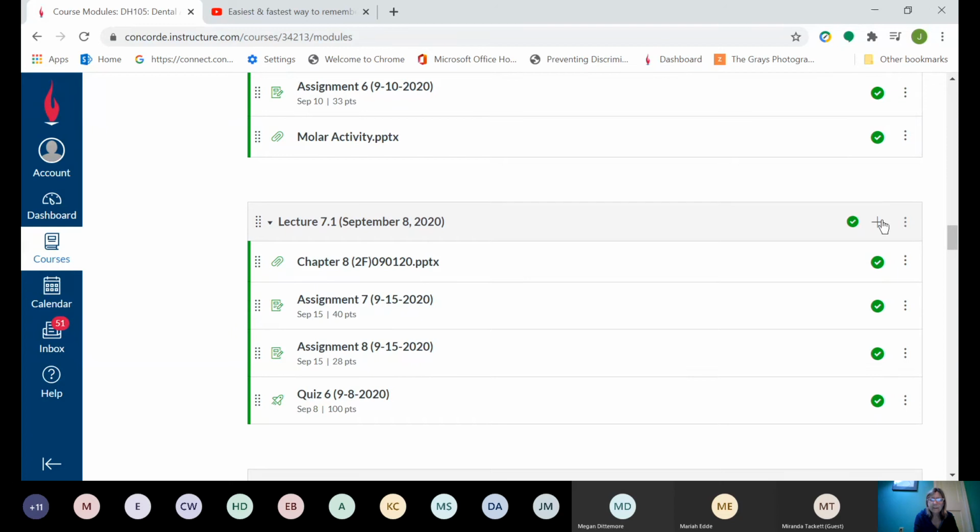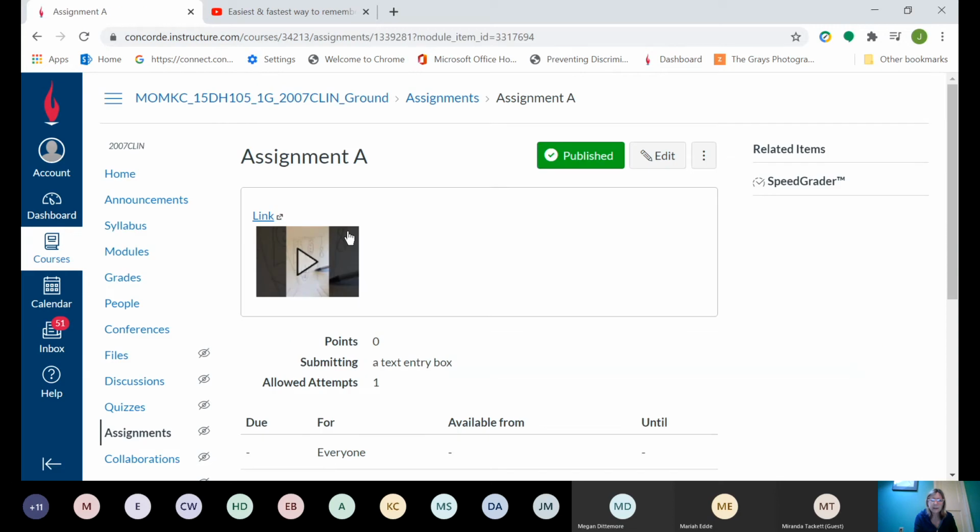Okay, look in 7.1 and there's one at the bottom that says assignment A. Can everybody see that? Yeah. Okay, can you open it?